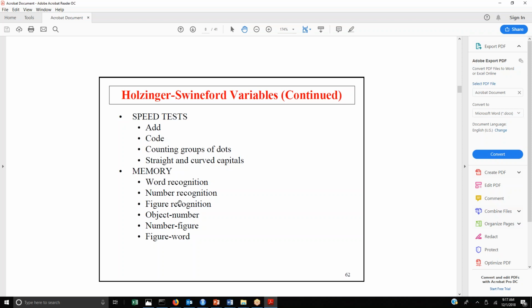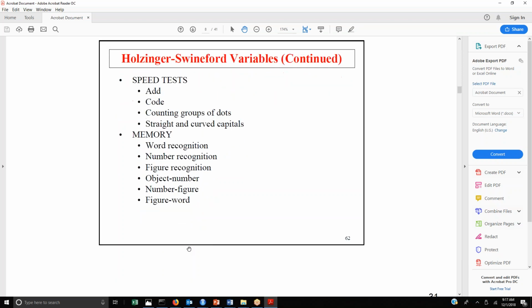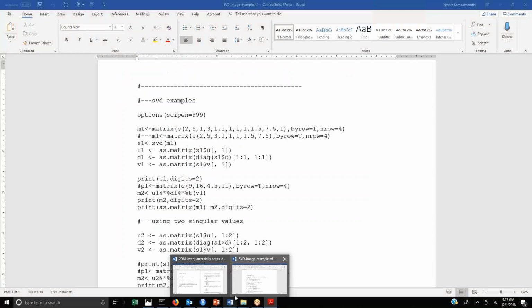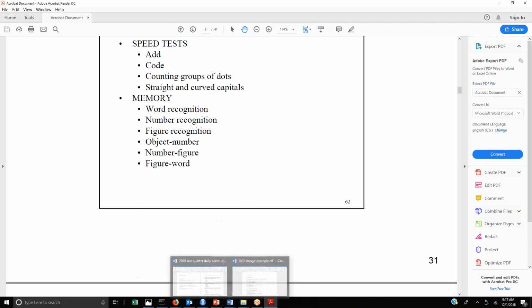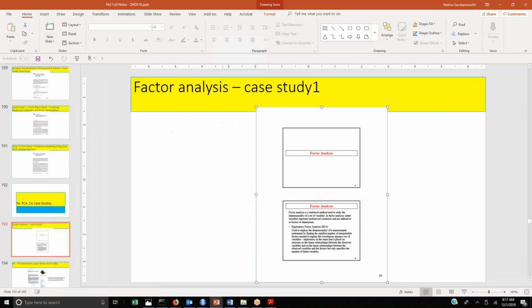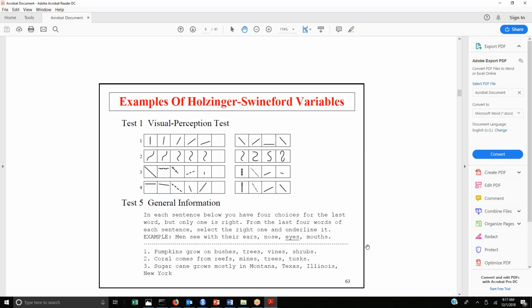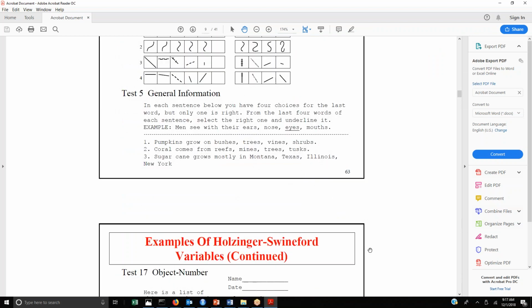For memory: word recognition, number recognition, figure recognition, object number, figure word. All these things are what we as humans think are important. But the weights might be different. That's what we want to find out. Is that problem clear to everybody?